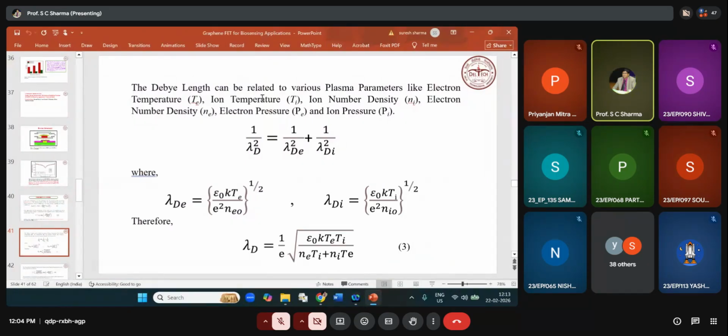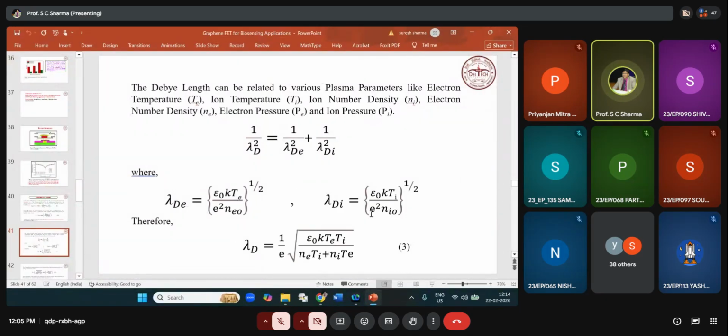In fact, the Debye length is related to various plasma parameters like electron temperature Te, ion temperature Ti, ion number density Ni, electron number density Ne, electron pressure Pe, and ion pressure Pi. So this is the standard expression for Debye length: 1 upon lambda d squared is equal to 1 upon lambda de squared plus 1 upon lambda di squared, where the electron Debye length is given by epsilon 0 k Te upon Ne0 e squared to the power half, and the ion Debye length is equal to epsilon 0 k Ti upon Ni0 e squared to the power 1 by 2.